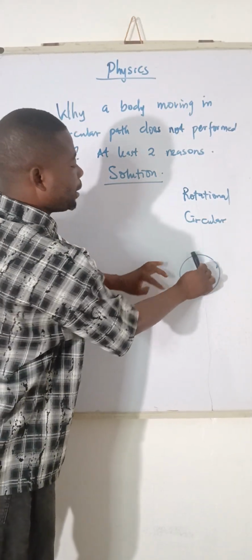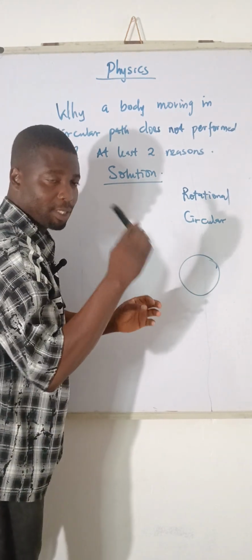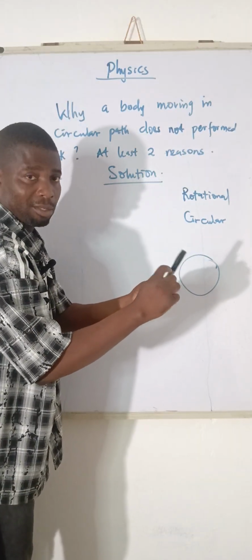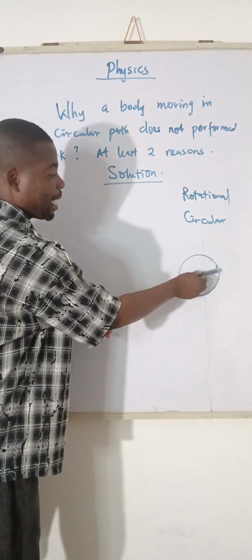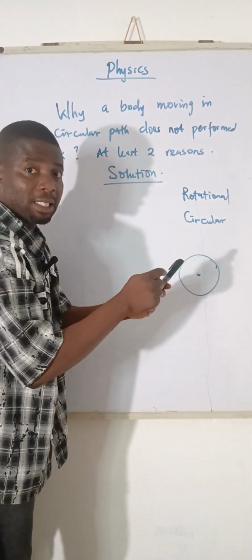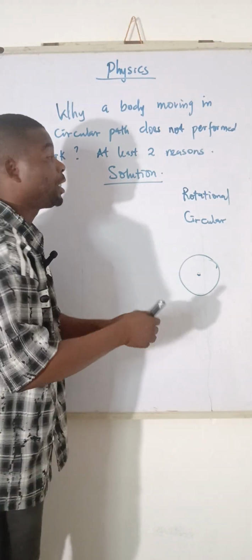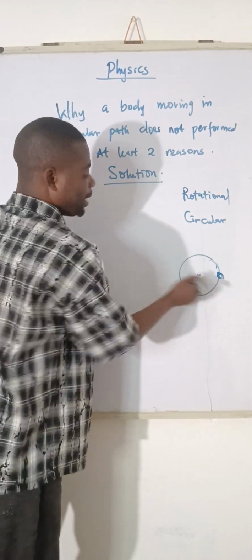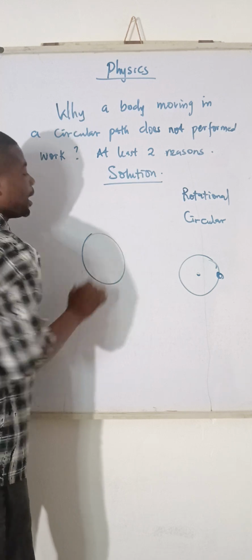The center of this circle produced by this body is right within the body. That is, the body produces the center of the circle. Anytime the center of the circle is produced by the body, we say the motion is what? Rotational motion.